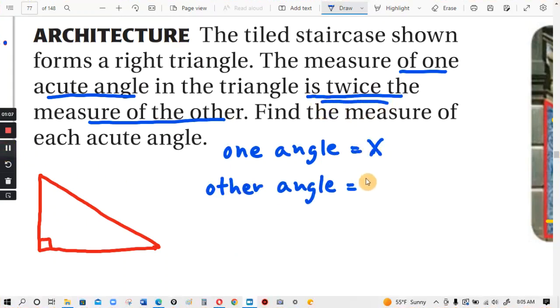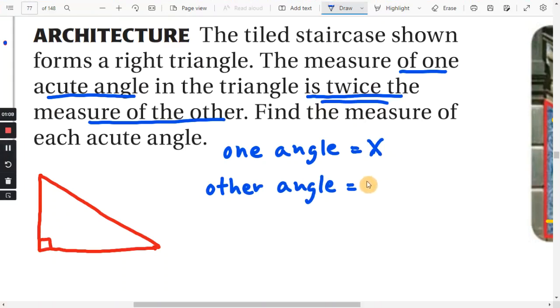Well, if it's twice as much, it's just going to be 2 times x, or 2x. All right, so these are the other acute angles in the right triangle. All right, so one angle is x, and the other angle is 2x.